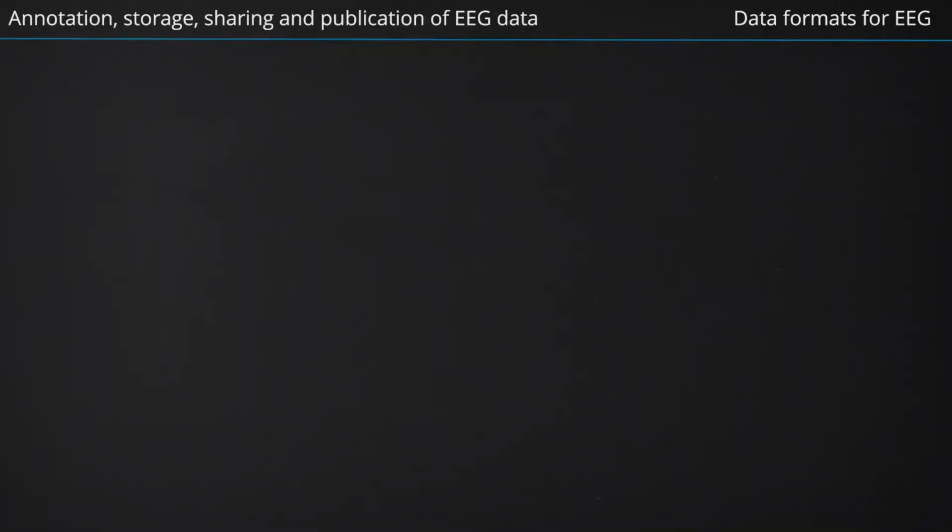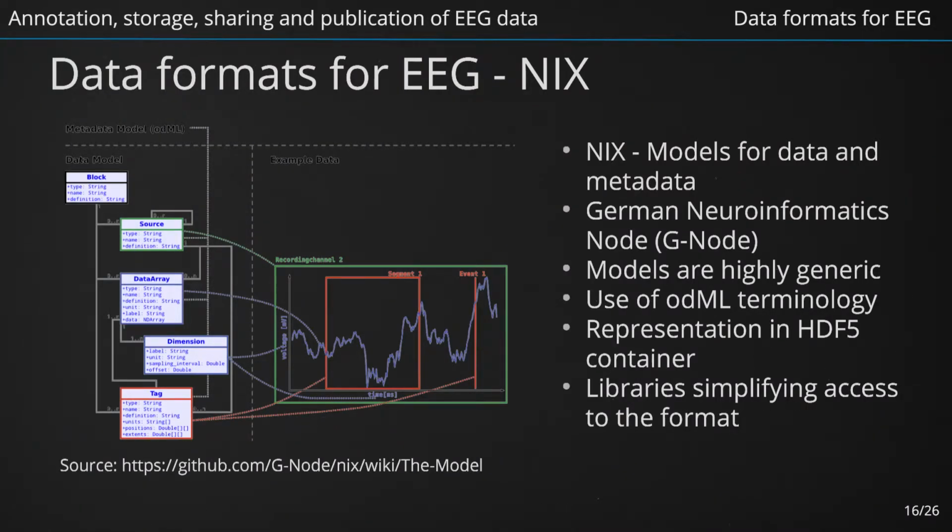The NIX project started in the context of the INCF Electrophysiology Task Force, and NIX models for data and metadata and their subsequent implementations were provided by the German neuroinformatics node. NIX also supports the idea of separating data and metadata, but it goes much further. Since its data and metadata models are minimalist and highly generic, they are able to represent data stored in other widely used formats or models, for example in NEO, without any loss of information.